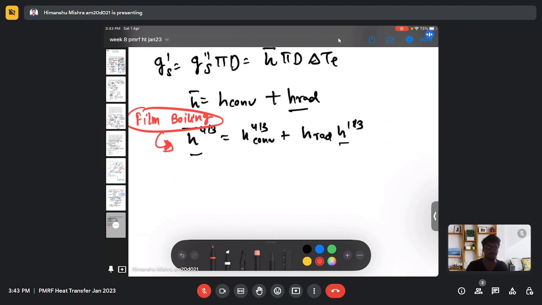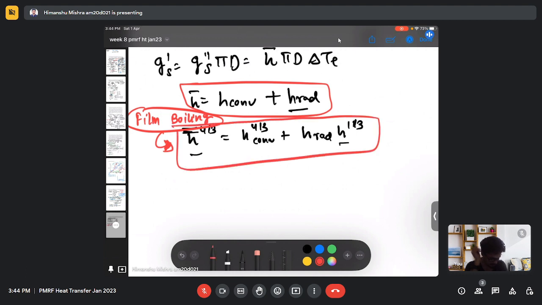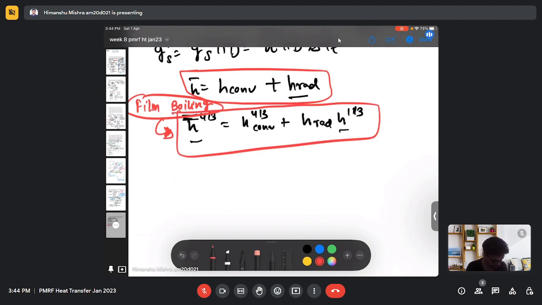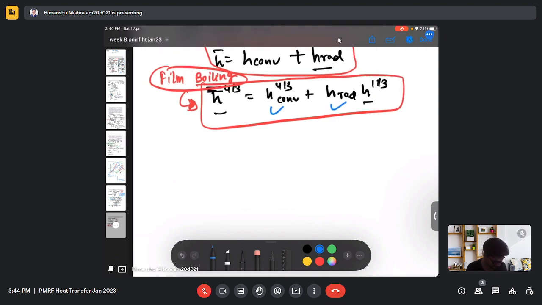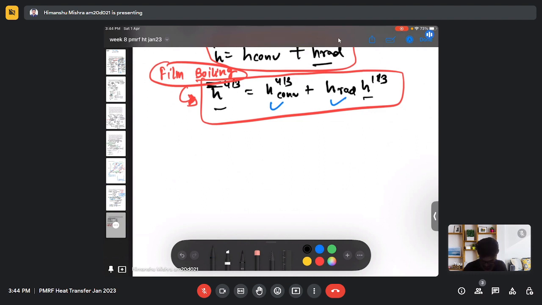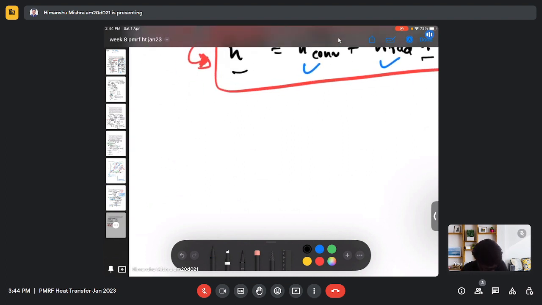For the general case, for problems I may have solved in week 1 where there is convection and radiation heat transfer, and we wish to find the heat transfer coefficient based on the radiation, we can use this relation. For the film boiling, we have to use this relation here. So here my heat transfer coefficient is a function of convection heat transfer as well as radiation heat transfer. For convection heat transfer, I can again use a correlation which is appropriate for the film boiling.